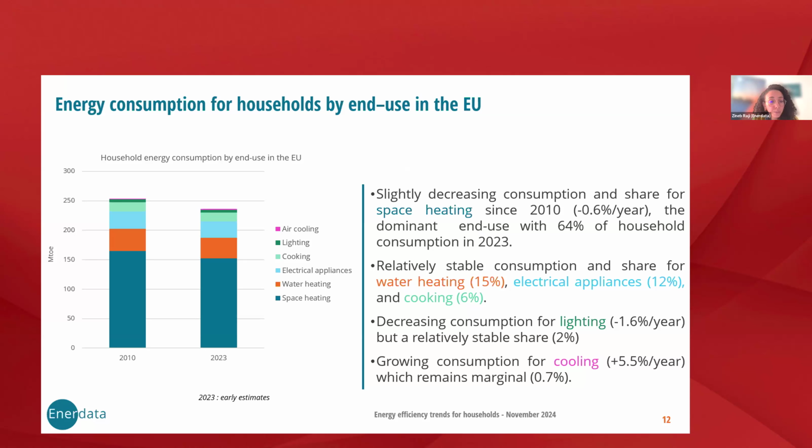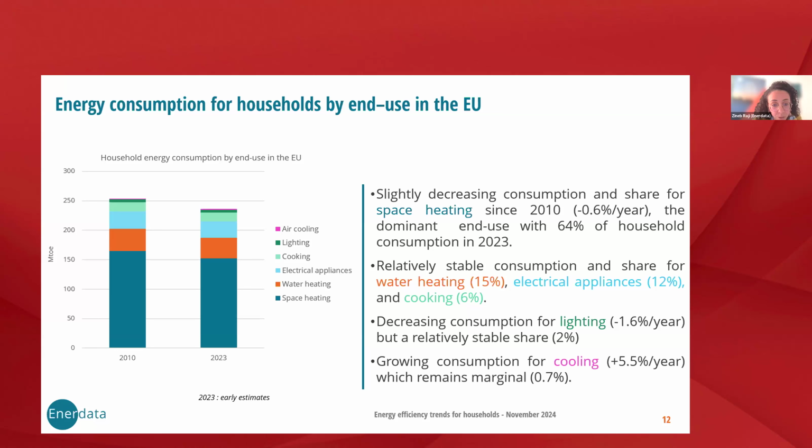Continuing with detailed consumption trends, we are now looking at a breakdown of energy consumption by end use. So the end uses that are represented on the chart are air cooling and lighting. Air cooling is in pink. Maybe you can't see it, but it's on the top of the bars. And the reason you can't see it is that the share of air cooling is quite marginal.